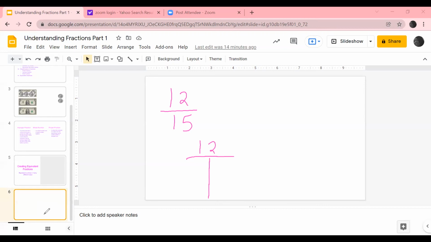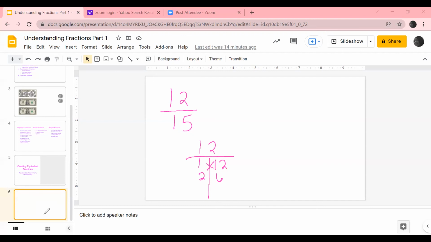So for 12, you always start out with 1. So 1 times 12, you're looking for two numbers that are multiplied by each other that are going to equal that top number. So 1 times 12 is 12. Then you go to the next number. 12 is even, so I could divide 12 by 2. 12 divided by 2 is 6. Okay?